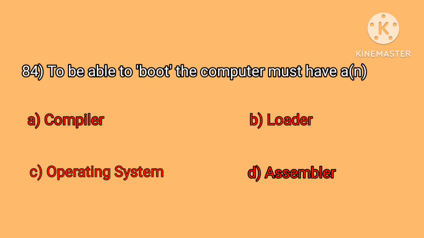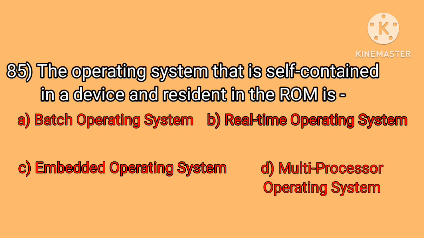To be able to boot the computer must have an operating system. The operating system that is self-contained in a device and resident in the ROM is embedded operating system.